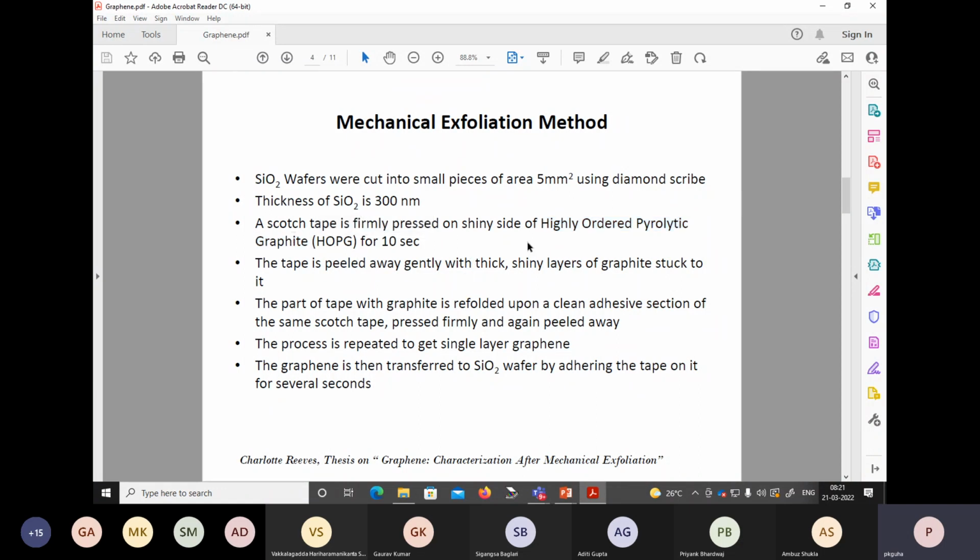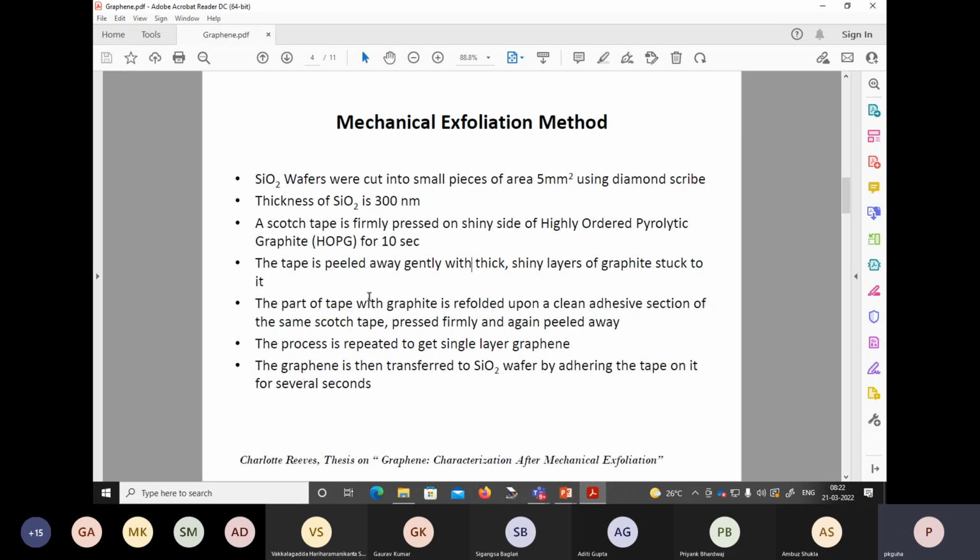You put this on the scotch tape, firmly press it, and then you remove the scotch tape. You use the tape several times, sticking it to a new place on the scotch tape, removing it, and again putting it in a new place, and so on.